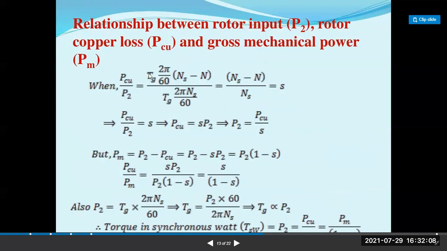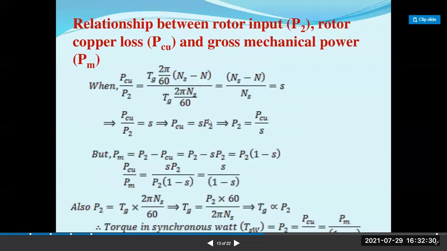Tg will be cancelled, 2 pi upon 60 will be cancelled, and ns minus n divided by ns will remain. So that is the slip: copper loss equal to slip into rotor input.